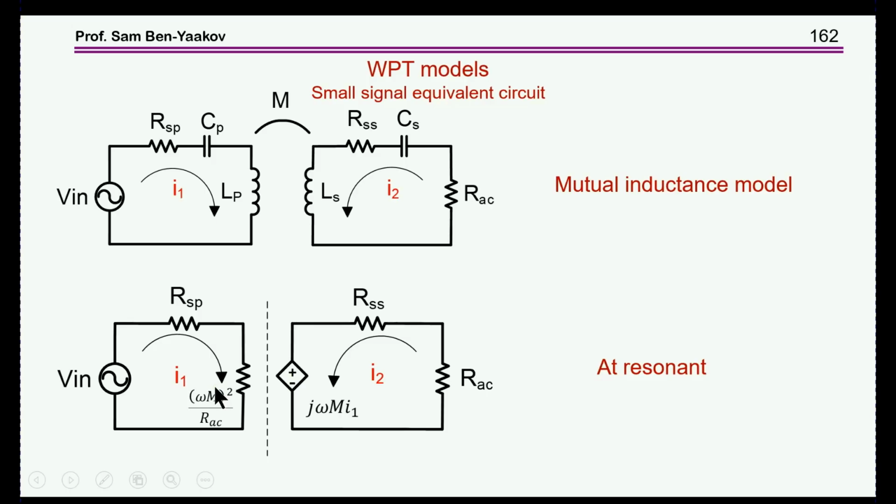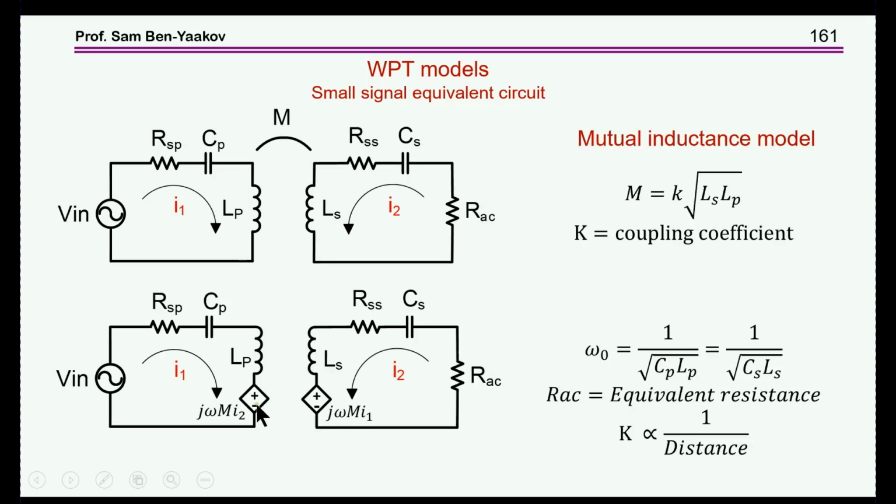So there's a trade-off. You can get high voltage here, but low power and high efficiency, or you can get high efficiency with low power. Here comes this notion of impedance matching.